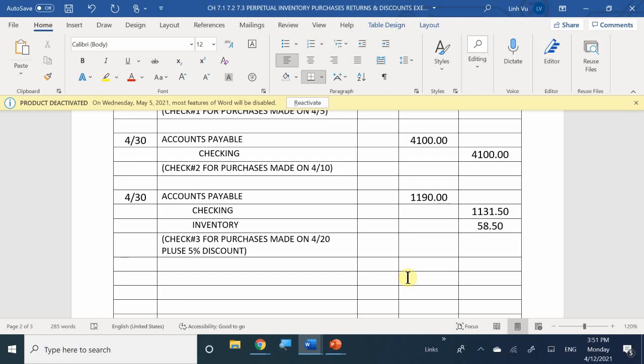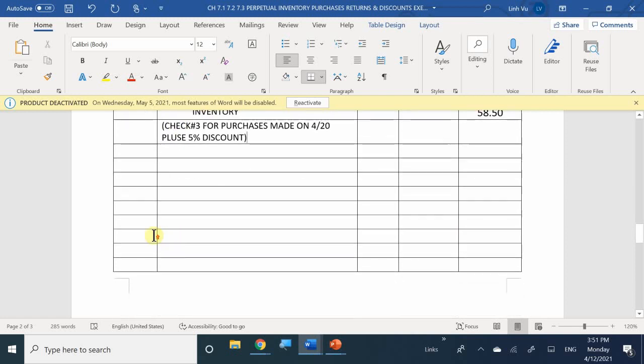So here I recognize how much I owe for the purchases made on April 20th, and I also recognize my 5% discount for the $58.50. So I end up paying 5% less than what I originally purchased or owed.